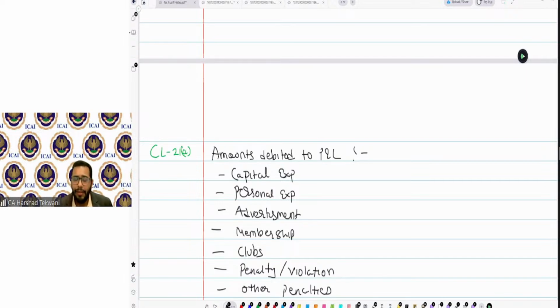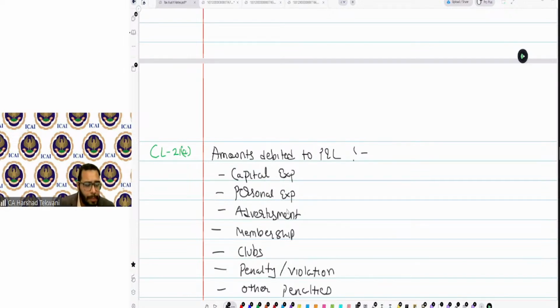Now, there is one specific section under the Companies Act also, which is section 143(1)(e), which places the requirement on the auditor to inquire whether any personal expenses have been charged to the revenue account.